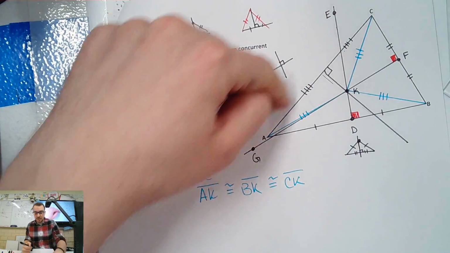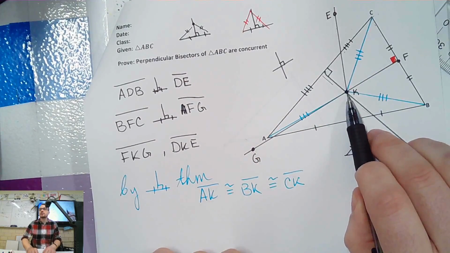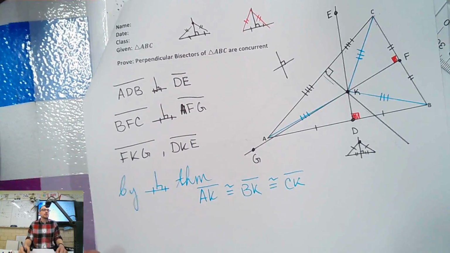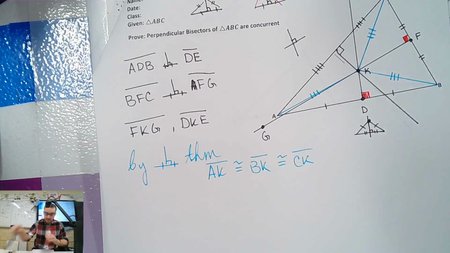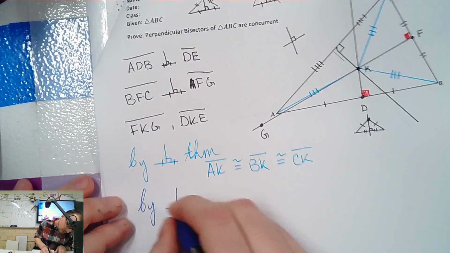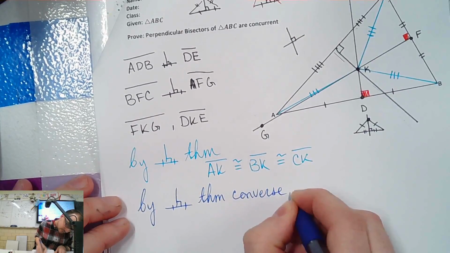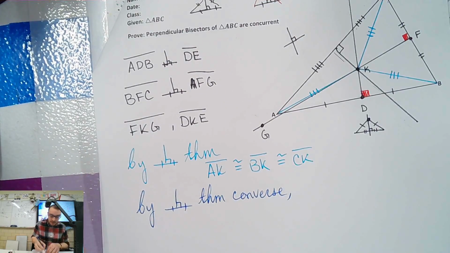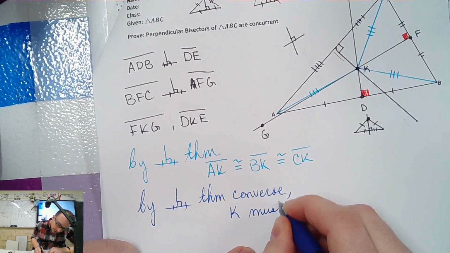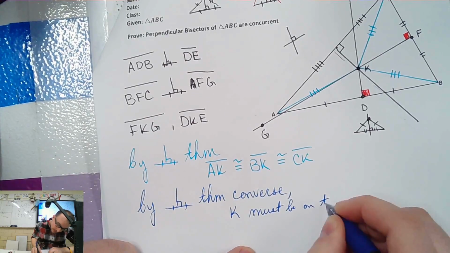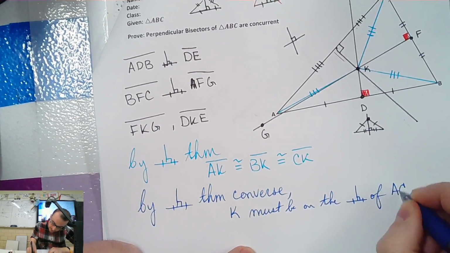So the perpendicular bisector of AC, the perpendicular bisector of BC, the perpendicular bisector of AB, they all intersect at K, don't they? We've proven that. So they're concurrent. How I got that was I said, look, by the converse of the perpendicular bisector theorem, K must be on the perpendicular bisector of AC.